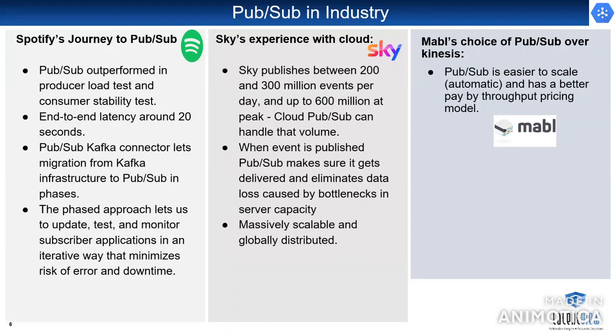Earlier, Spotify had its infrastructure with Apache Kafka running on a Hadoop cluster, but Spotify was facing problems with Kafka. The Kafka producers had issues with stability because they were not able to handle the production traffic that Spotify had. In Apache Kafka, if one or more brokers were removed or had some issues, the whole service had to be restarted.